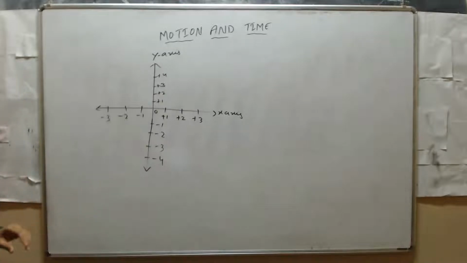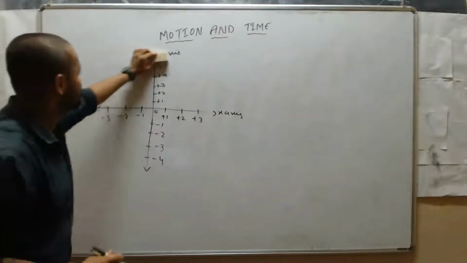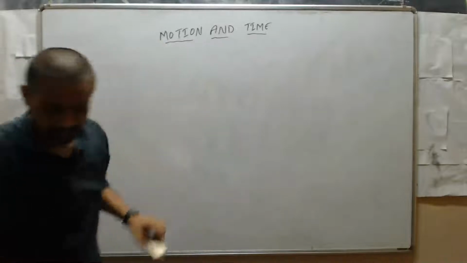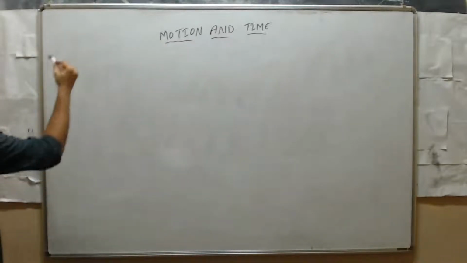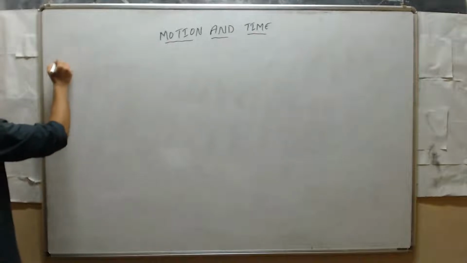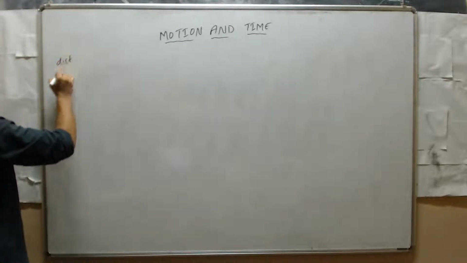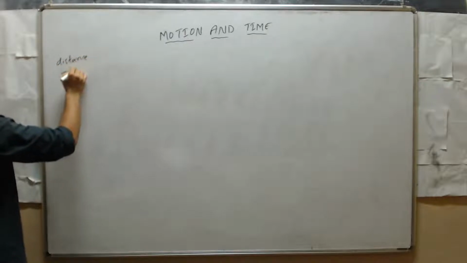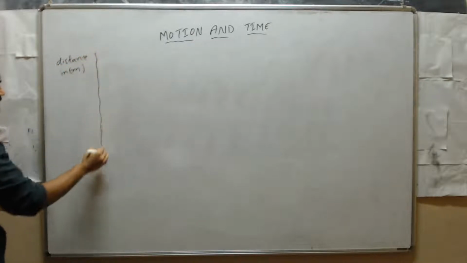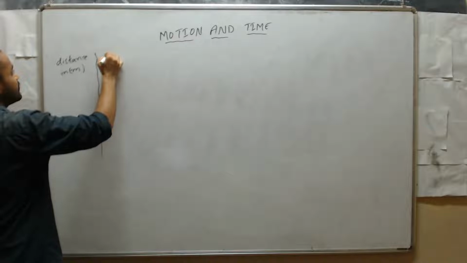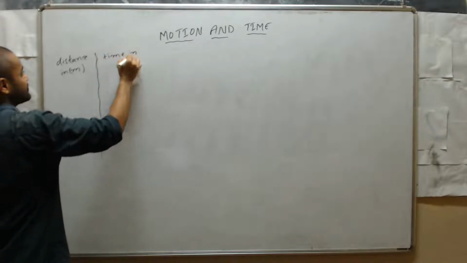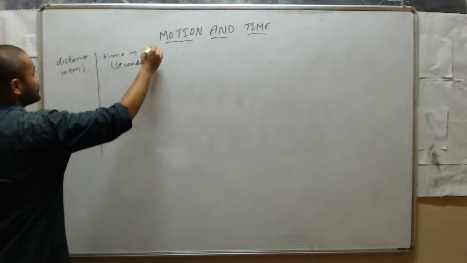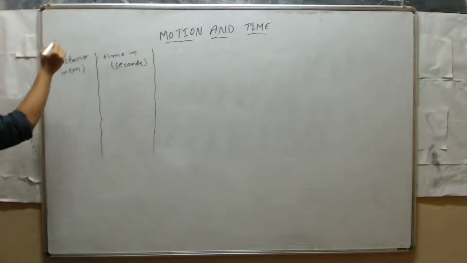Okay, now I'll draw this. I will draw a column: distance in meters and time in seconds.